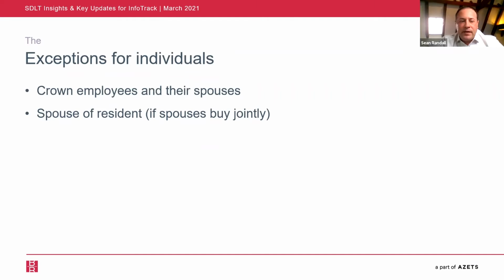So if an individual fails to pass the residence test by virtue of their employment status, limited to Crown employees, of course, and they must pay UK income tax, then they and their spouses are regarded as UK resident. But it also applies to non-residents who are married or in a civil partnership with a UK resident, provided that they buy jointly.